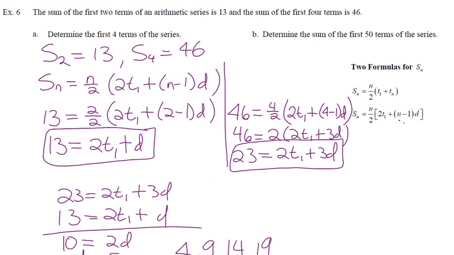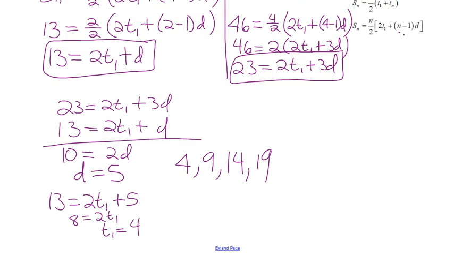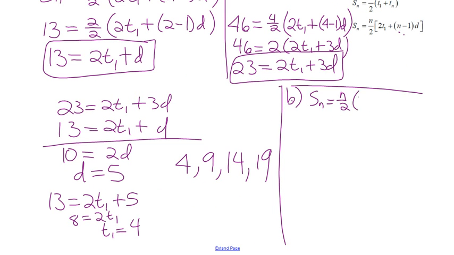Determine the sum of the first 50 terms of the series. Okay, so we're going to use the formula. This is B. S sub n is n over 2 times 2t1 plus n minus 1 times d.